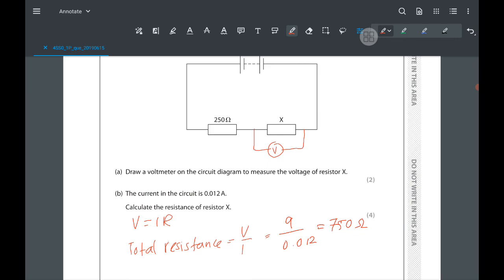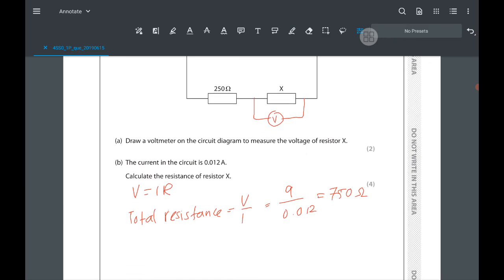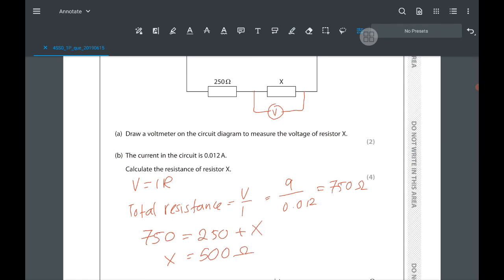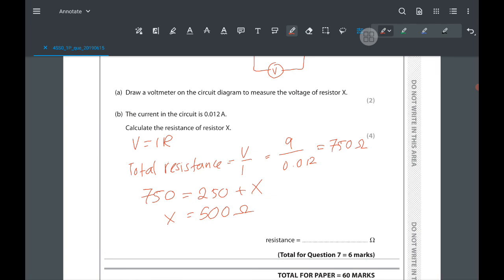So the total resistance is 750 ohms. So this will be equal to the addition of resistance of X plus 250. So 750 equals 250 plus X, which means X equals 500 ohms. So this answer is 500 ohms.